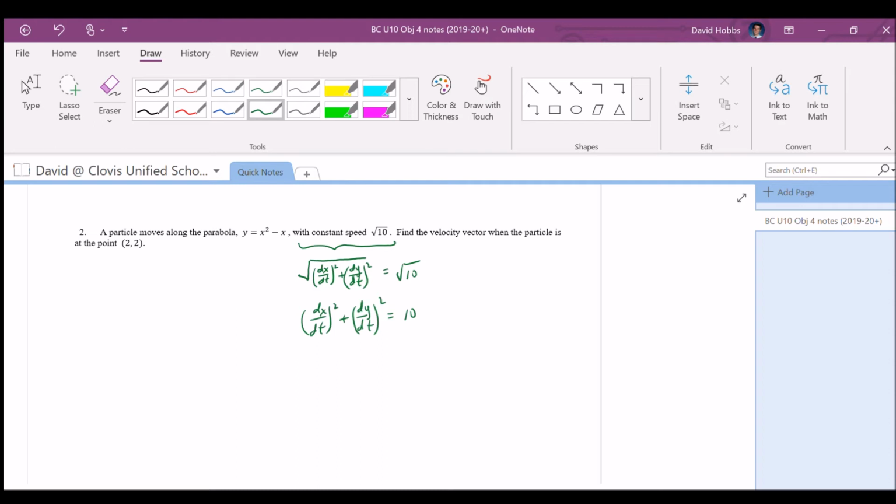I also notice that we have y equals x squared minus x, which we're able to take the derivative of both sides with respect to t.